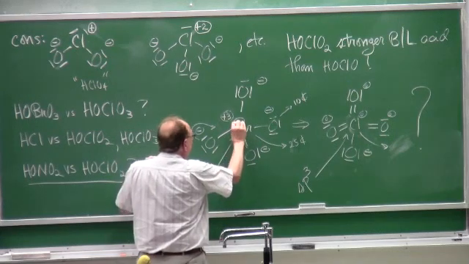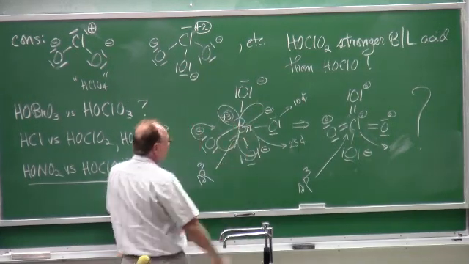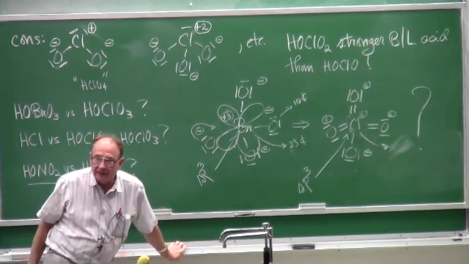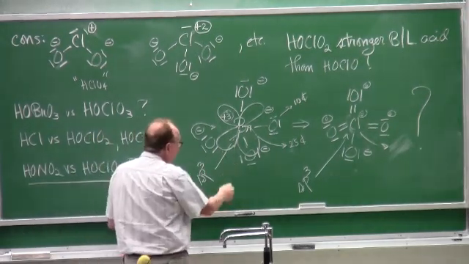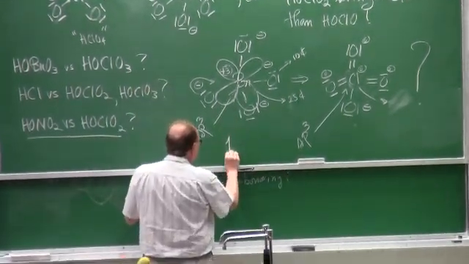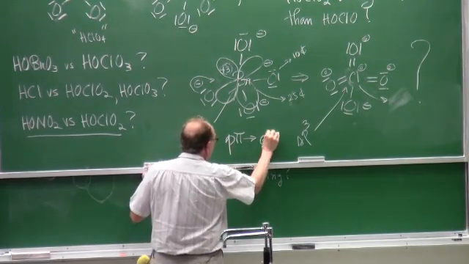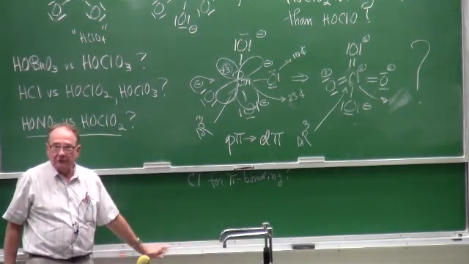And the bromine central atom has got these kinds of orbitals available for pi bonding, d orbitals. So this kind of bond formation interaction is often described in this fashion. P pi to d pi.